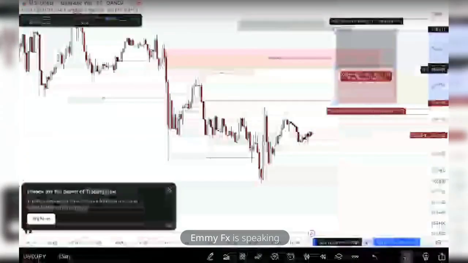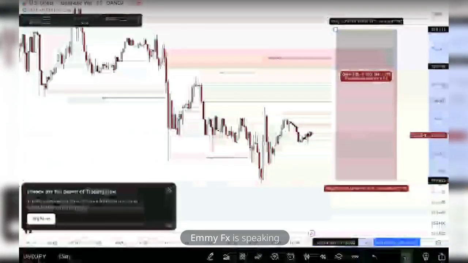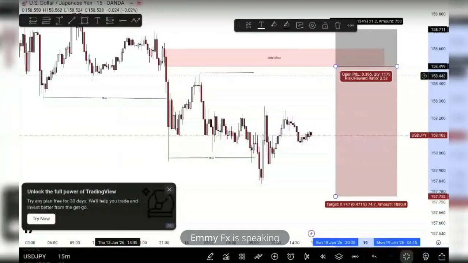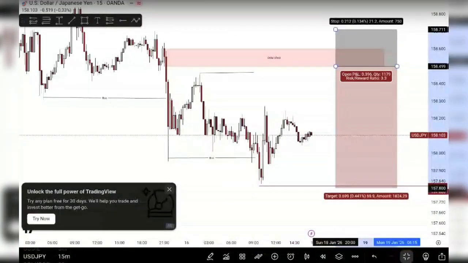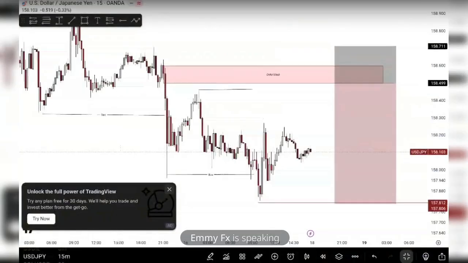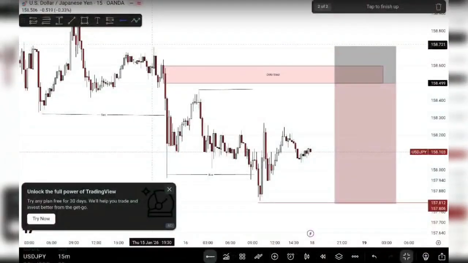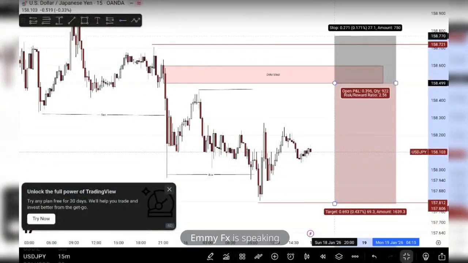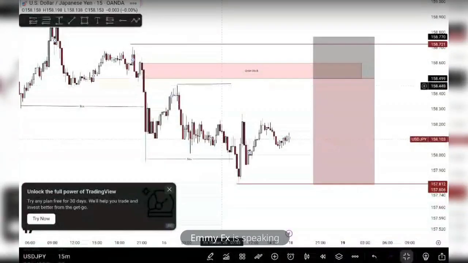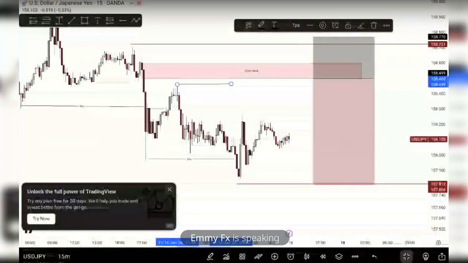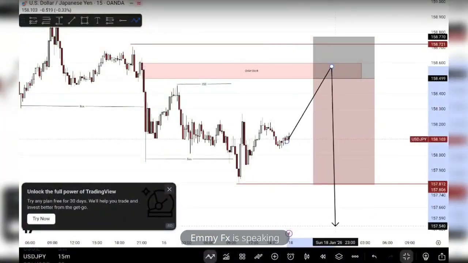We need price to return back and give us a sell at the spot. Liquidity, stop loss is going to be here. Stop loss is going to be here. This is liquidity. We need price to take out liquidity at this point, then return back and give us a sell to the downside.